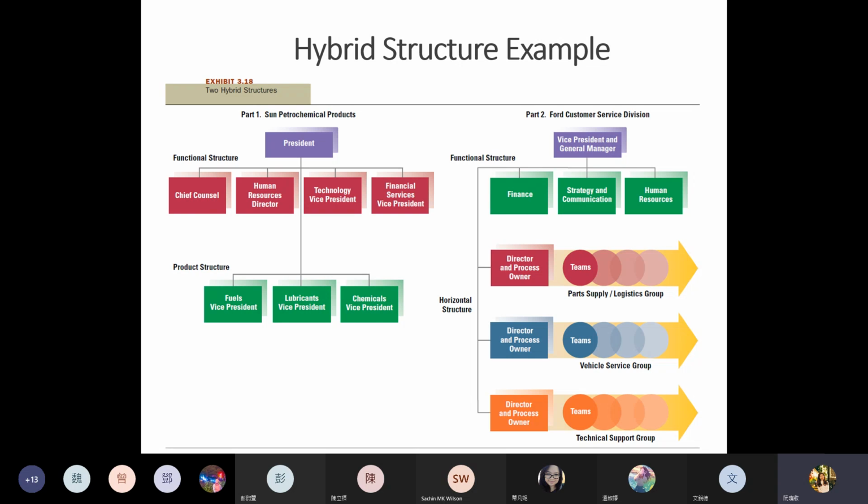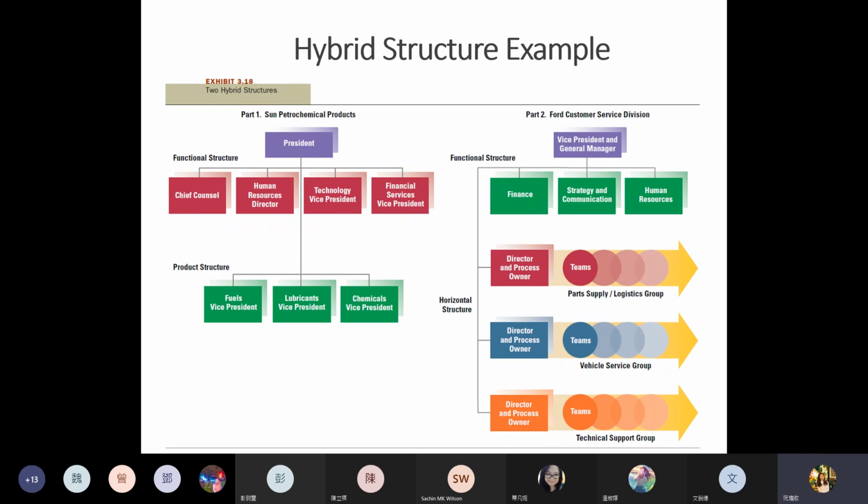However, in the lower level, you have the product structure, which is more like the divisional structure we started with before because it is based on different product offerings. So all the resources, in terms of human resources, technology, and so on, will be used and assigned to support the development or distribution of different kinds of products.